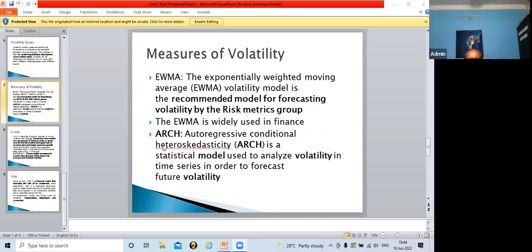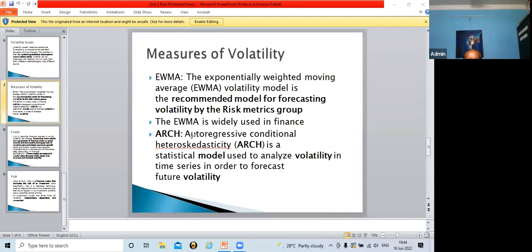Now the other one is ARCH. In your syllabus, this word is mentioned, ARCH. Now what is this ARCH? Again, look at the long form. A stands for auto, R for regressive. Let me indicate, because this is one of the common words.